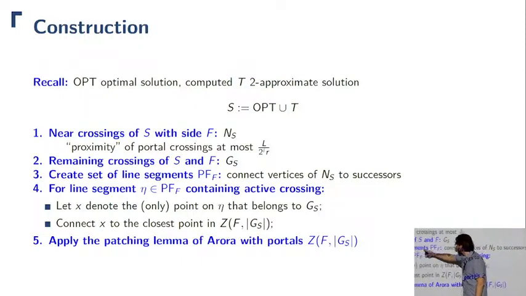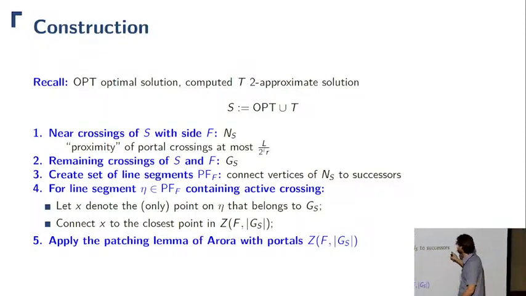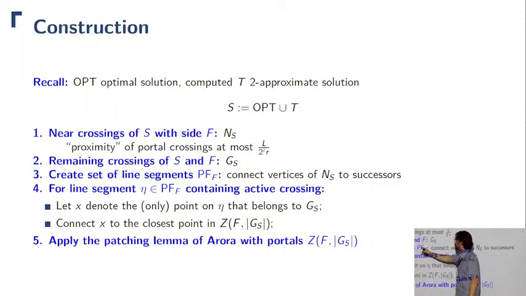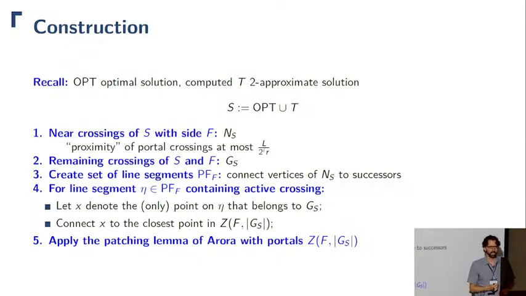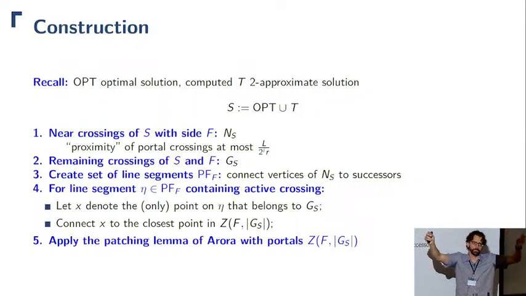And then we have line segments PF that connect vertices from NS to successors. So what is that? We have our side of the square, and PF stands for patching forest. We chose this name to be consistent with Kisfaludi-Bak to not increase confusion. So we have a side of a square, and then we can separate it into segments where certain numbers of crossings happen.